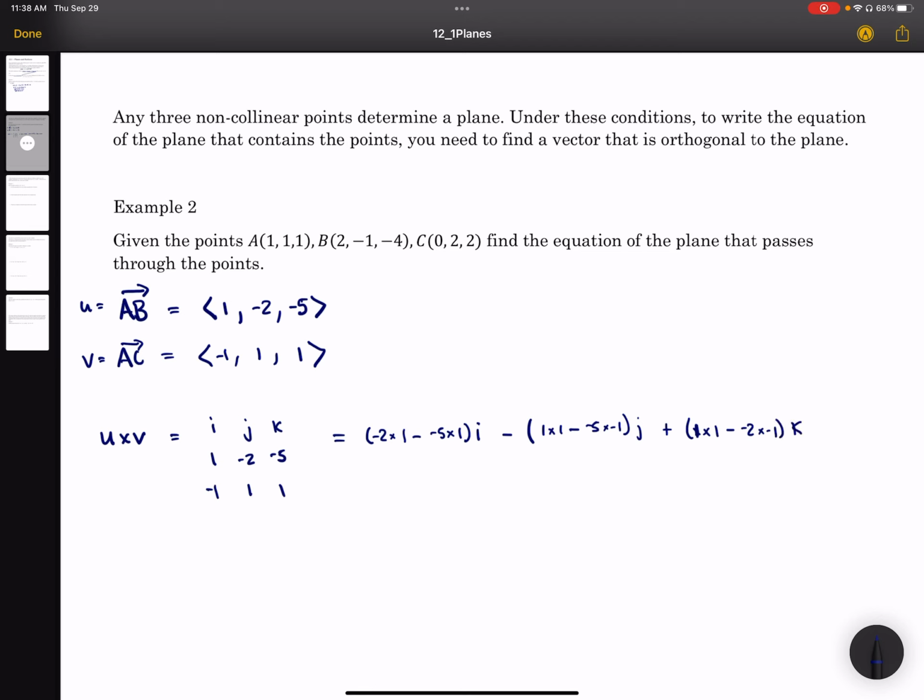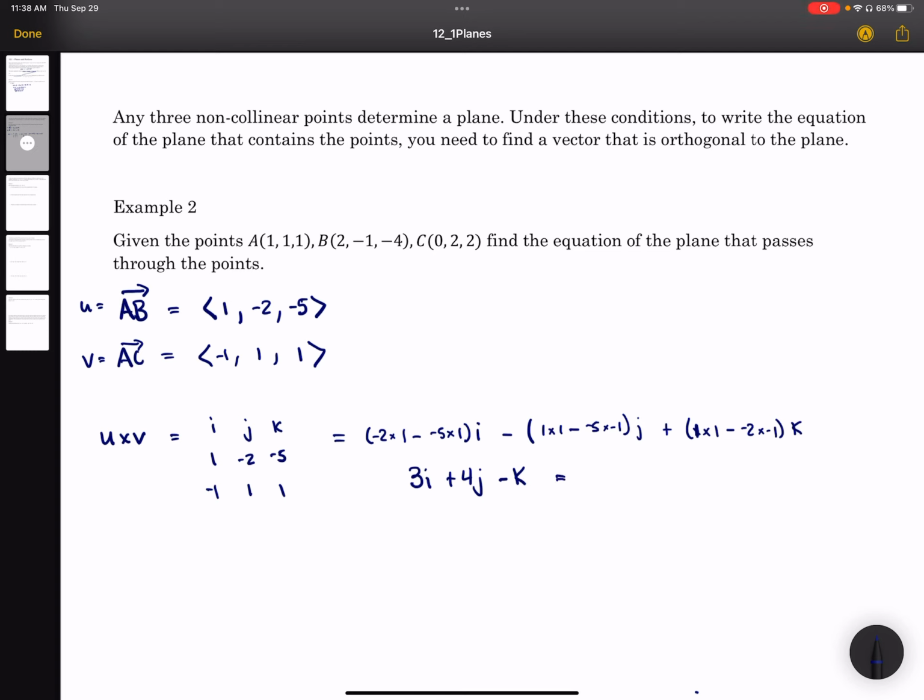And so this is negative 2 plus 5, which is 3. So we get 3I, and then 1 minus 5 is negative 4, so negative 4 is plus 4J. And then 1 minus 2 is negative 1, so minus K. That's our cross product.